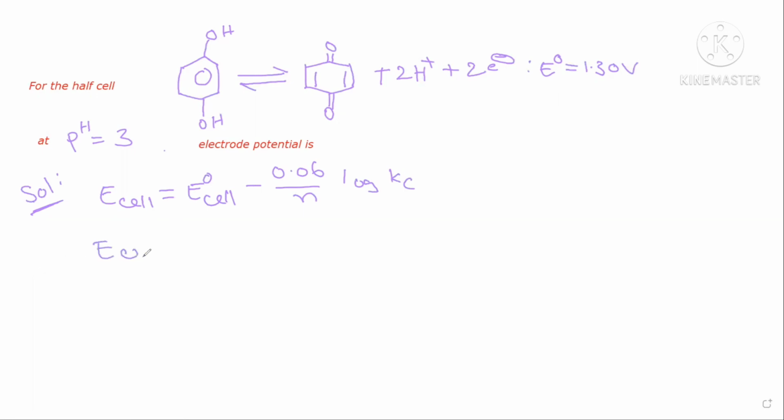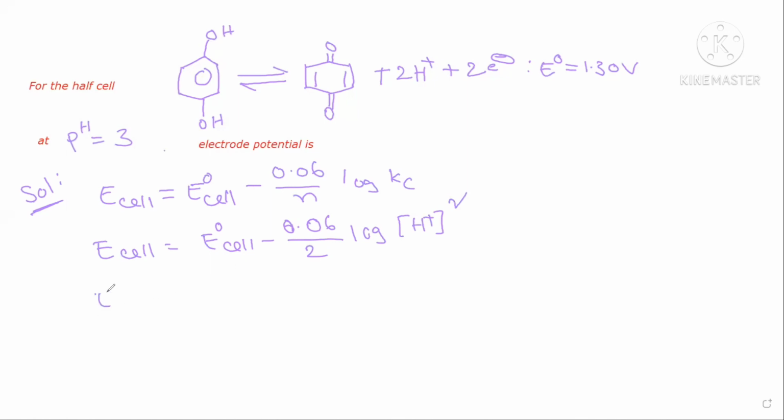The E cell is equal to E naught cell minus 0.06 divided by 2, number of electrons 2 involved in this reaction, into logarithm of H+ ion concentration.